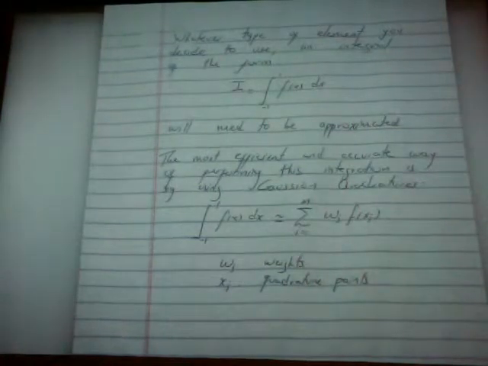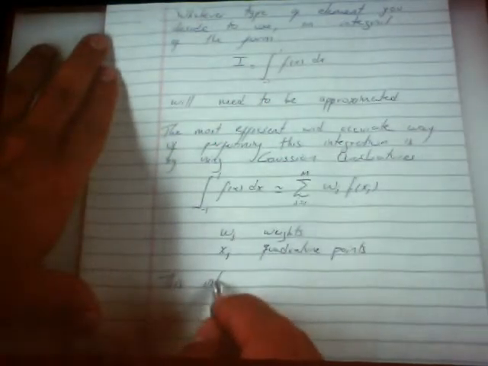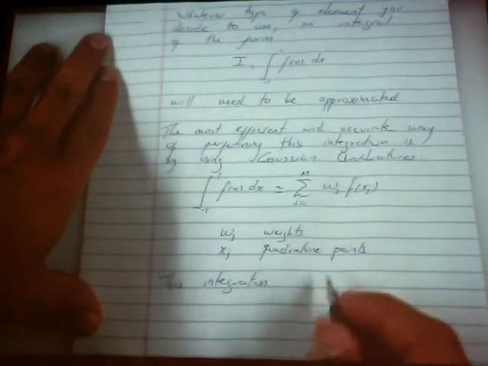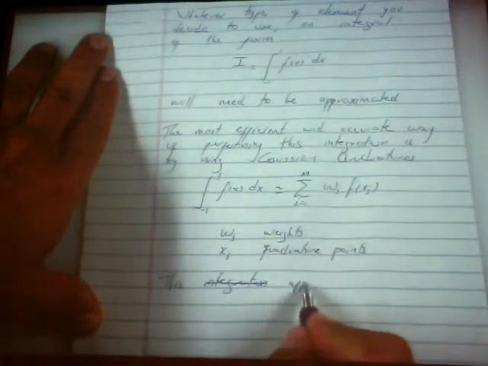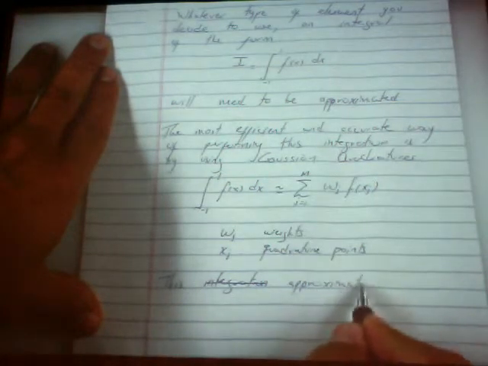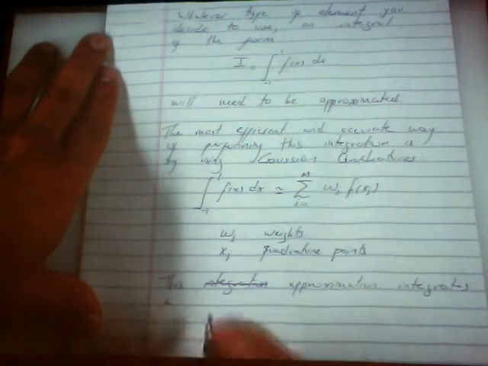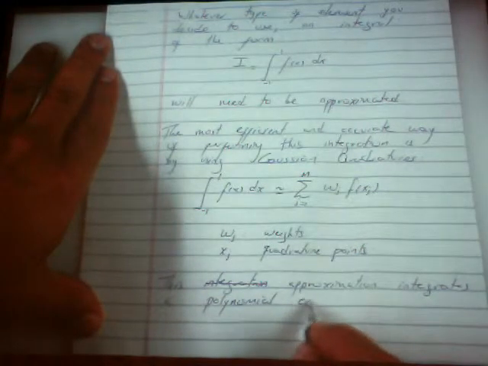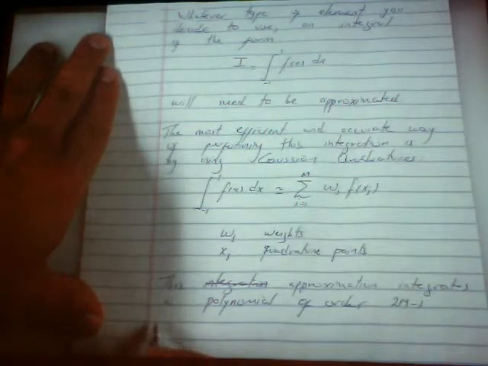So these integration, or these approximation, let's say it that way, approximation integrates a polynomial of order 2m minus 1 exactly.